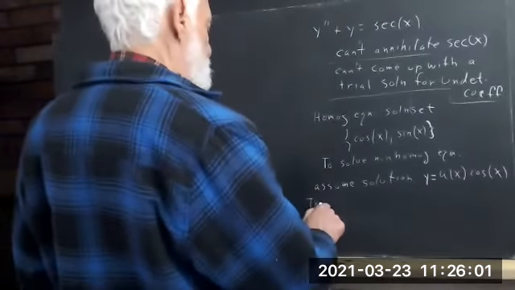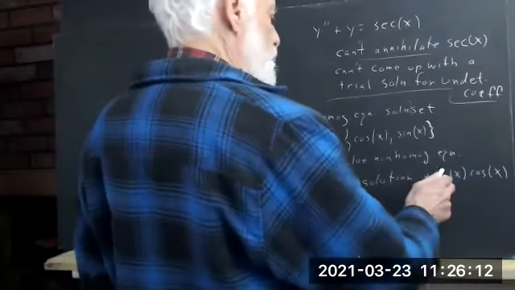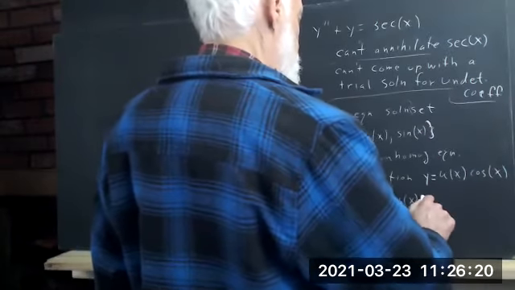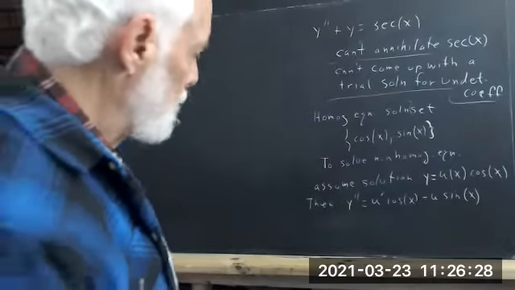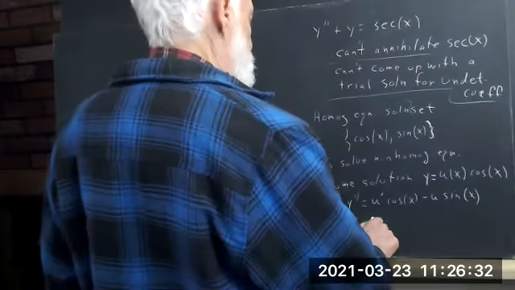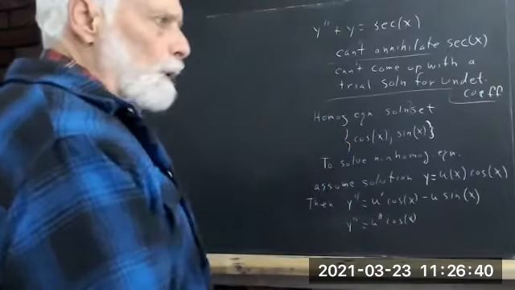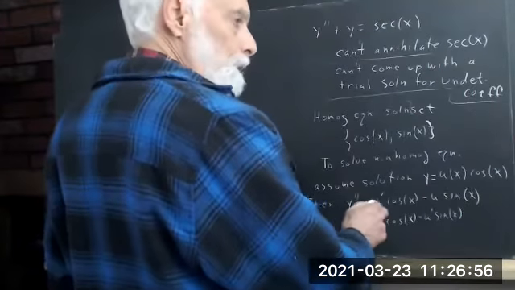Well then, y prime, suppressing the x in u of x, equals u prime cosine of x minus u sine of x, and y double prime is u double prime cosine of x minus u prime sine of x, this term.